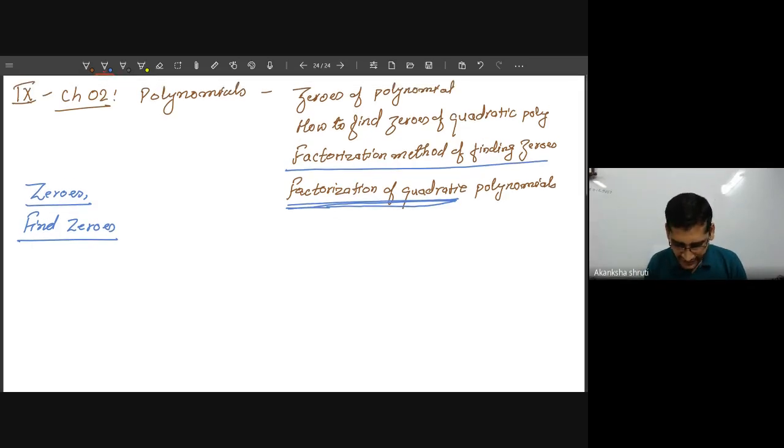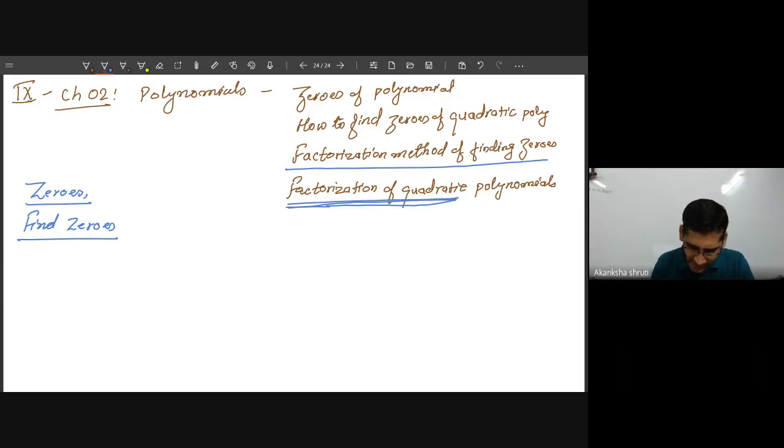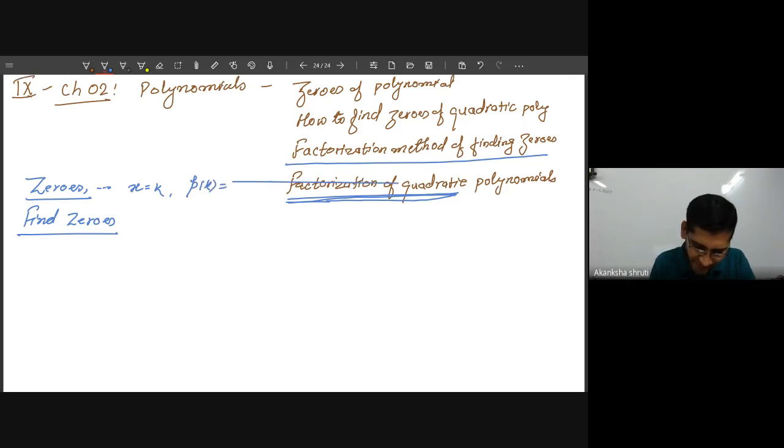Students, what is this factorization? We have learned about the zeros. Zeros are the values of x, let it be k, such that if p of k becomes 0, then we can say x equals k is a zero.